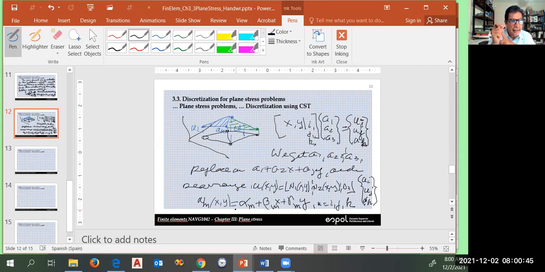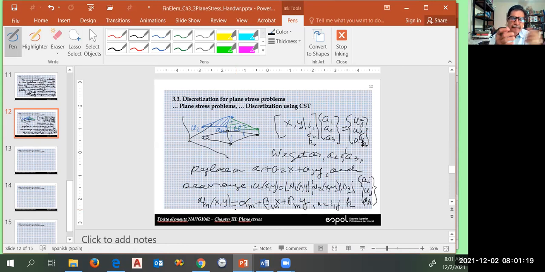Okay, so with this function of interpolation, we can go on. We can calculate epsilon, because we remember the definitions, du/dx, that's epsilon x, etc. Then with epsilon, we can calculate sigma, because we decided that we will be working with isotropic materials and below the elastic limit. So with E and nu, Young modulus and Poisson ratio, we can calculate stresses from the strains, and then we are ready.